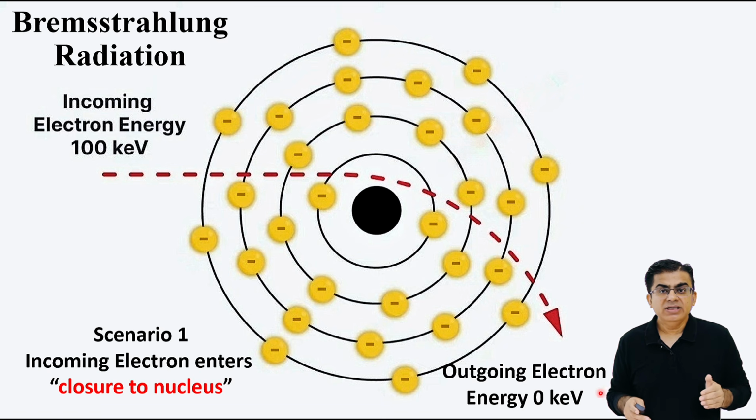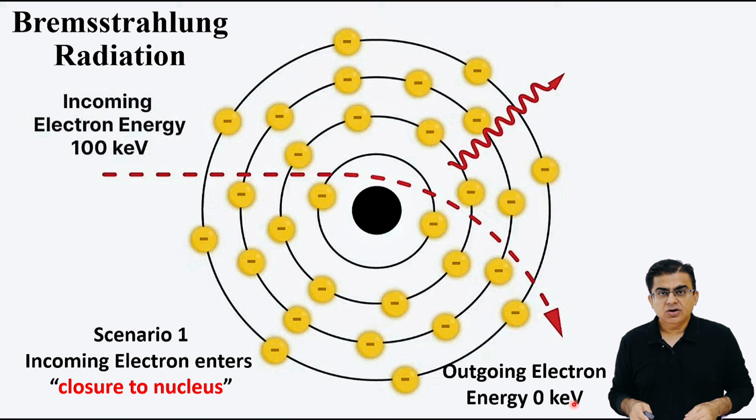Look at the outgoing electron exiting the interaction with exactly 0 keV of energy. According to the fundamental law of conservation of energy, that lost energy cannot simply vanish. It is instantly converted into a brand new electromagnetic wave. You can see this newly born Bremsstrahlung photon radiating away right now.